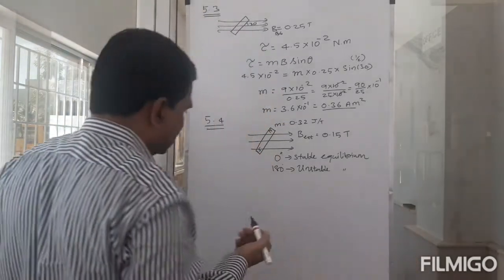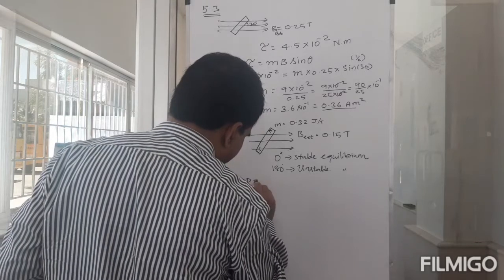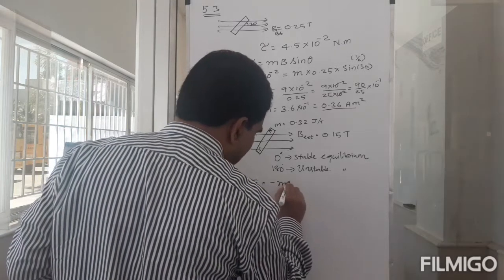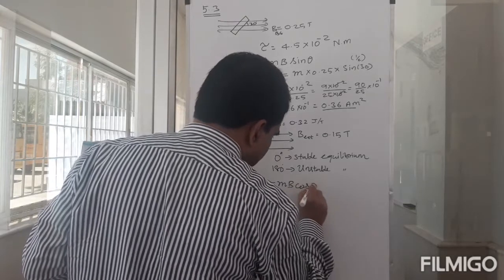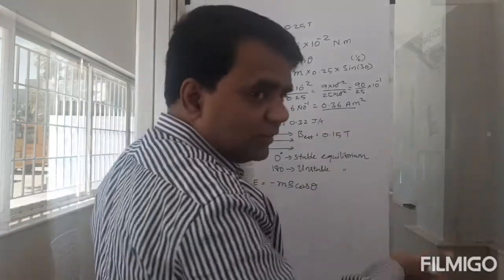We have already derived the formula. So potential energy U is equal to minus mB cos theta. So you have these numbers, plug in.